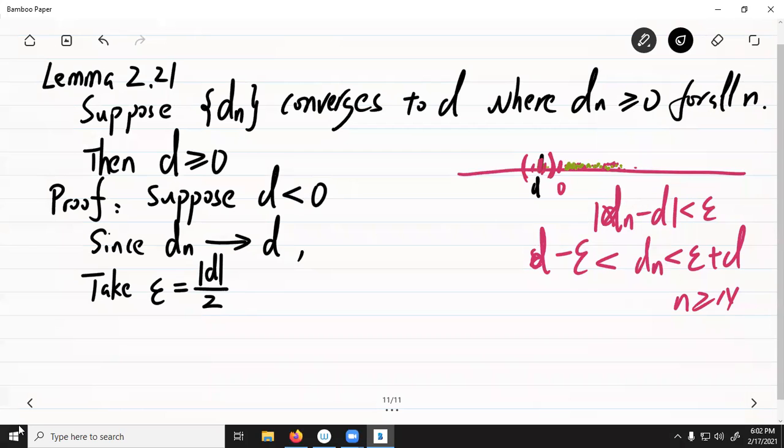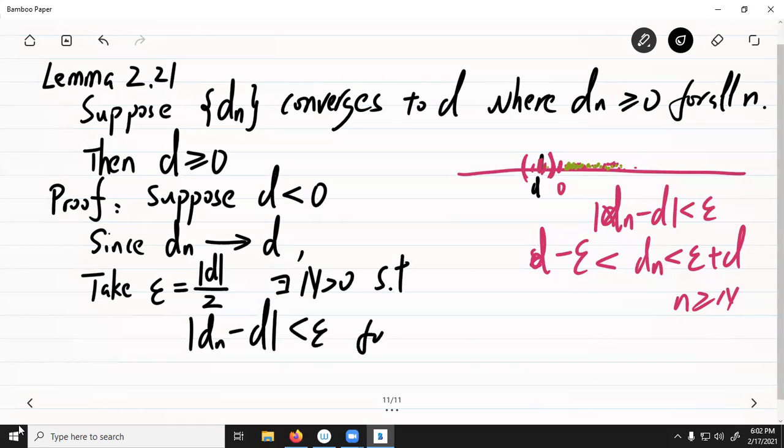You can take 1/4, no problem. You just need to guarantee this interval is on the left side of 0. Okay, so for this epsilon, there exists a capital N greater than 0 such that Dn minus D is less than epsilon for n greater than or equal to this capital N.